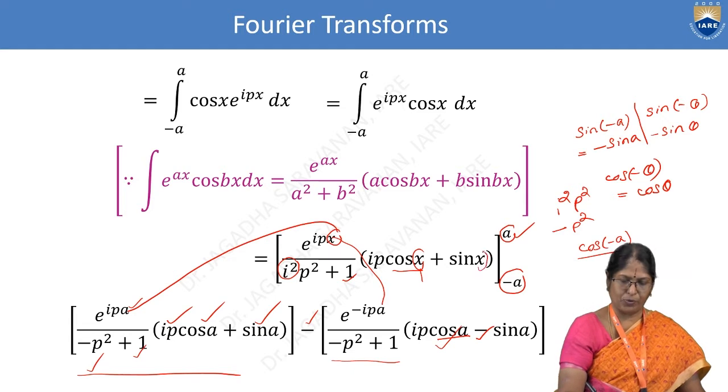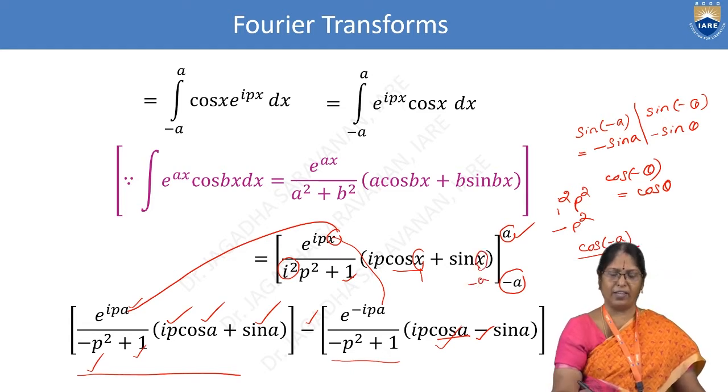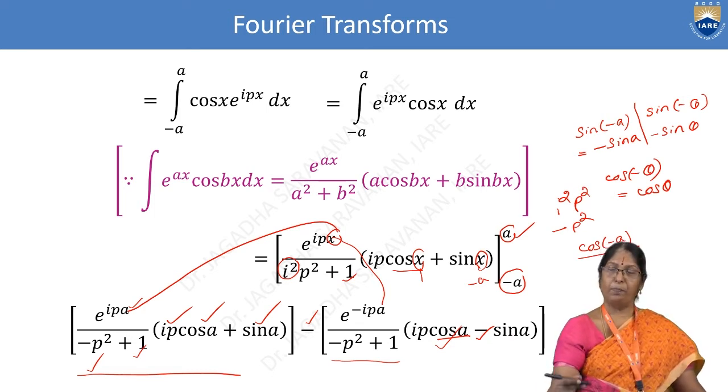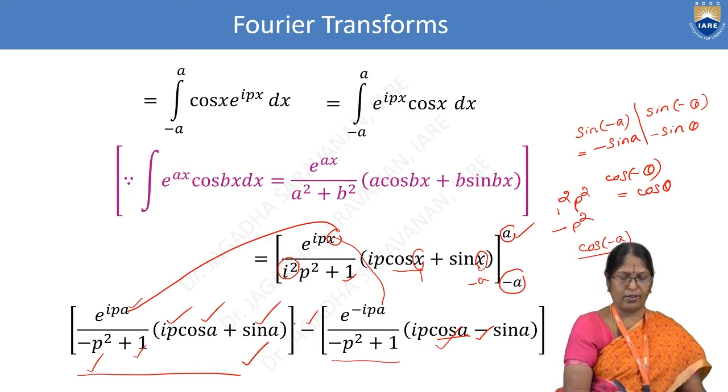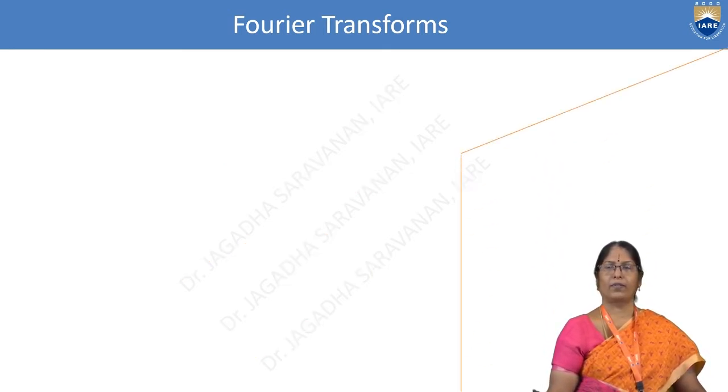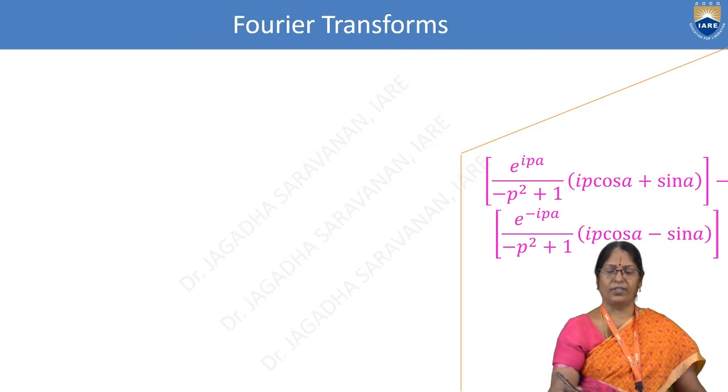In the x place we substituted minus a. Sine of minus a is nothing but minus sine a. We completed the values in the particular places. We substituted and we got these two results. So this is the result.